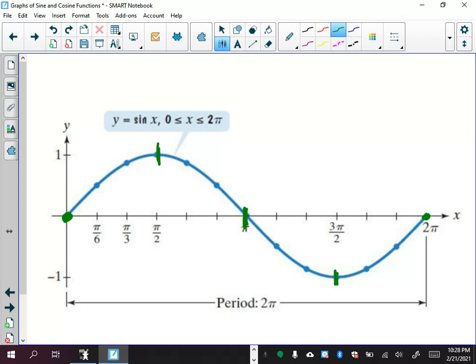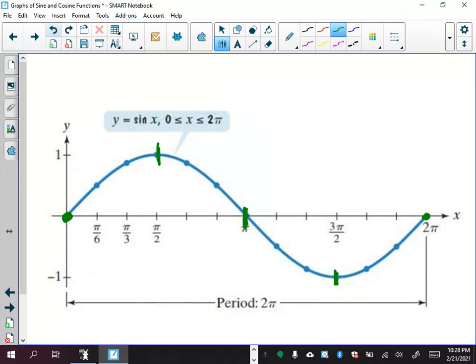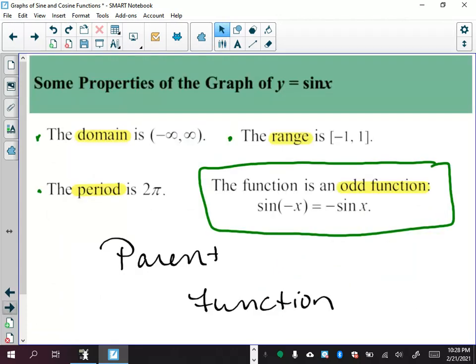So if I was to move this whole graph back 180 degrees, this now becomes my origin, which means that when I reflect across that origin, I wind up getting the same thing. So I can take my graph and flip it upside down. And then when I flip it upside down, I get the same thing back. So that's why it's an odd function. So your sine graph is an odd function. Okay.